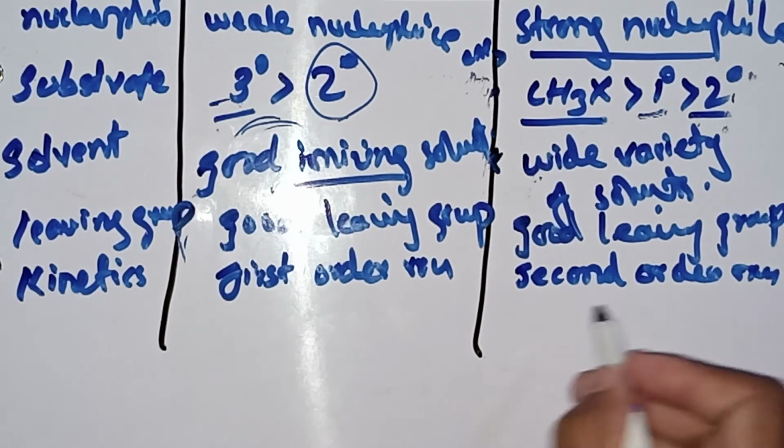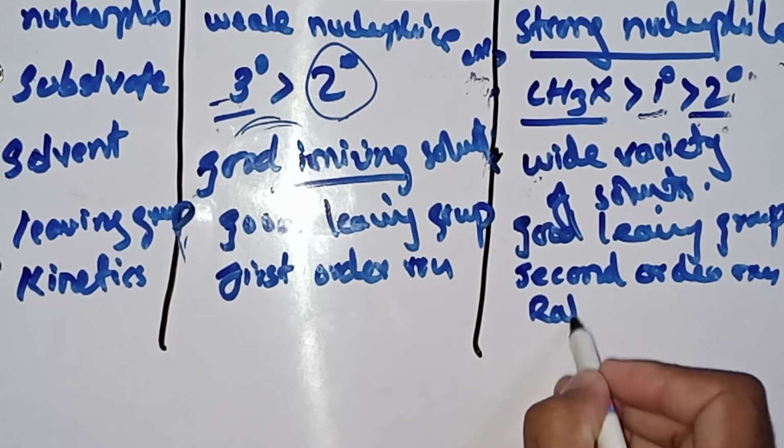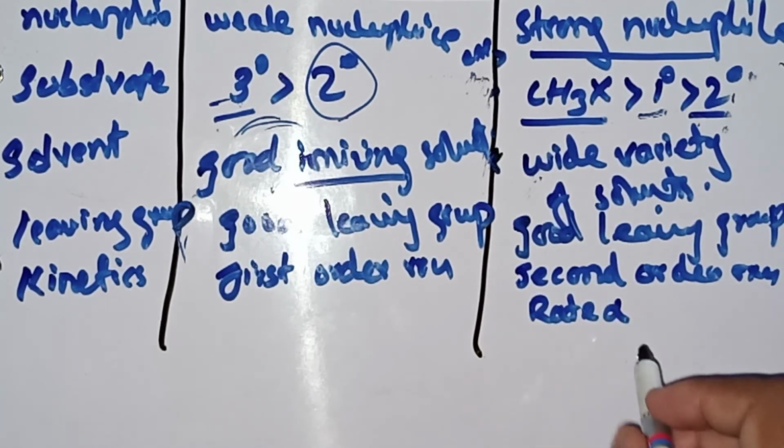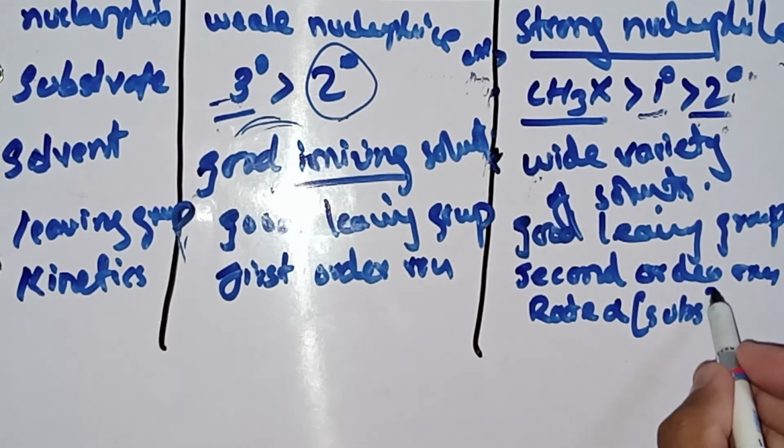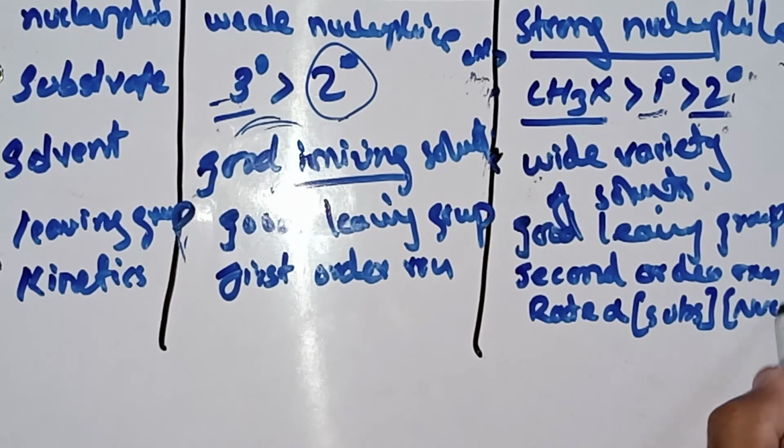So it is a second order reaction, meaning the rate depends directly on the substrate as well as the nucleophile. These two molecules increase the order. Each molecule increases the rate. When they are doubled, the rate will also double.